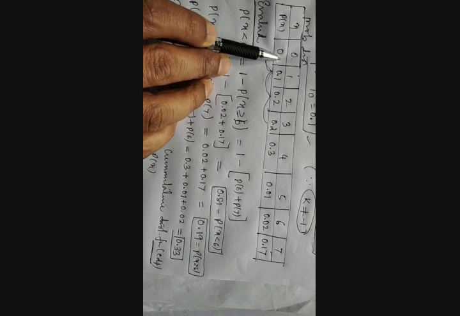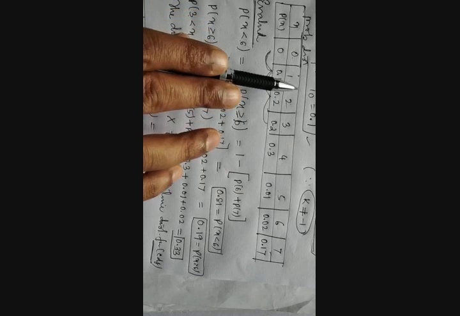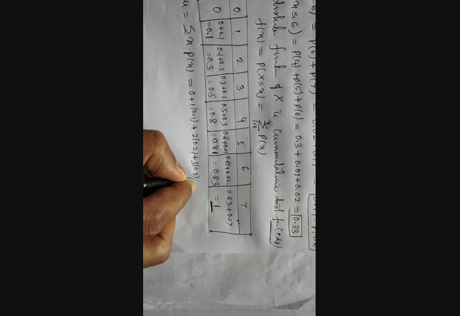Don't calculate it from the CDF table, calculate it from the p of x table. So we take 0 into 0, plus 1 into 0.1, plus 2 into 0.2, plus 3 into 0.3, plus 4 into 0.3, plus 5 into 0.01, plus 6 into 0.02, plus 7 into 0.17.